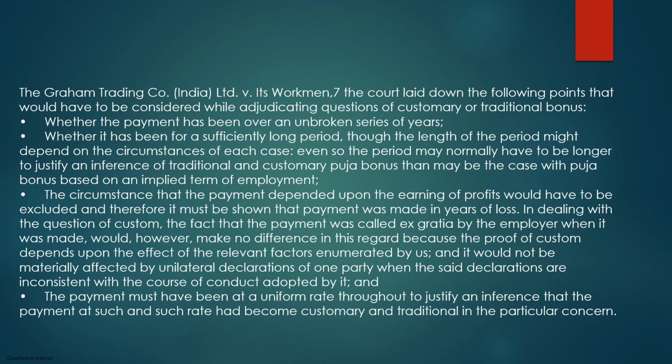Also, I want to mention here that there is no clear-cut definition under the Payment of Bonus Act of what is called bonus. No definition has been given to date, even after 1976. But in so many case laws we refer to the payment of bonus as a minimum of 8.33% and a maximum of 20% in case of profits.